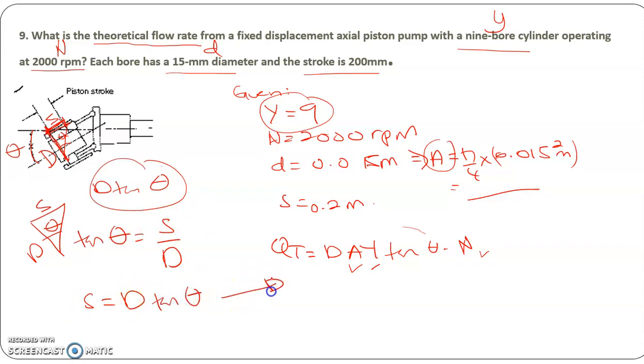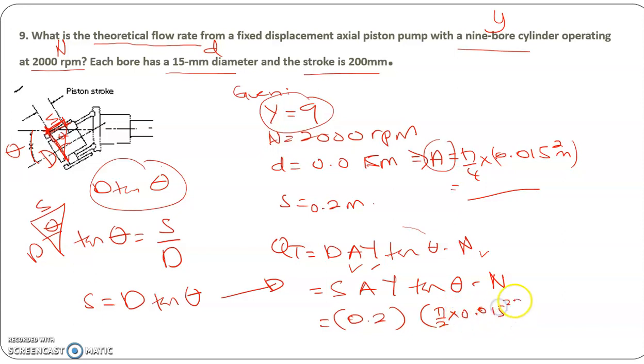You substitute here: D tan theta is S. So Qt equals S times A times Y times N. You substitute all the information: 0.2 times pi over 4 times 0.015 squared, times 9, times 2000 rpm. So you get the answer.